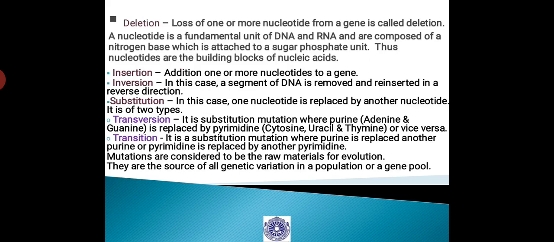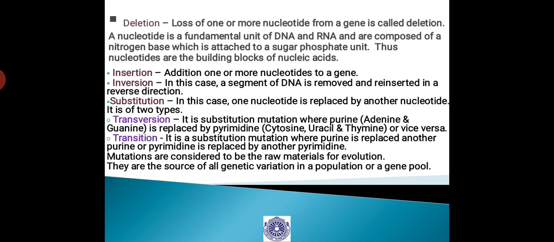Thus, nucleotides are the building blocks of nucleic acids. Coming to insertion, the next type of mutation. As the name itself suggests, it is the addition of one or more nucleotides to a gene. So, if one or more nucleotides are added to a gene, it is called insertion.